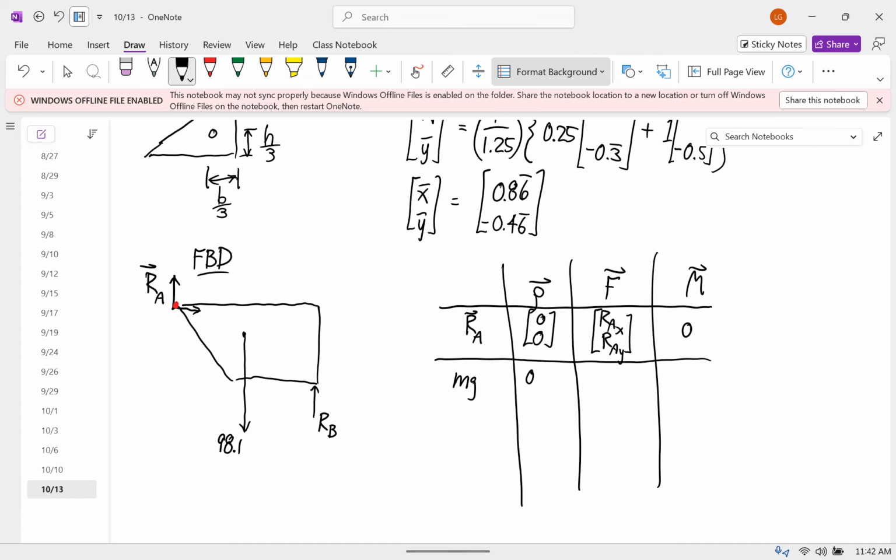The r vector is 0.86 repeating, negative 0.46 repeating. The force is 0, negative 98.1. Cross product is negative 85.02.